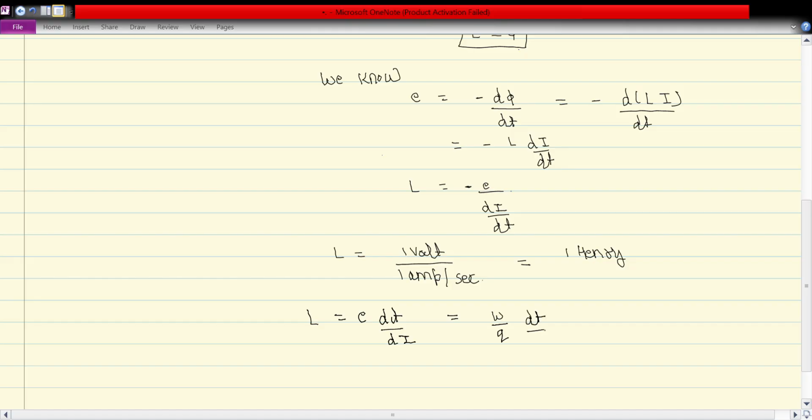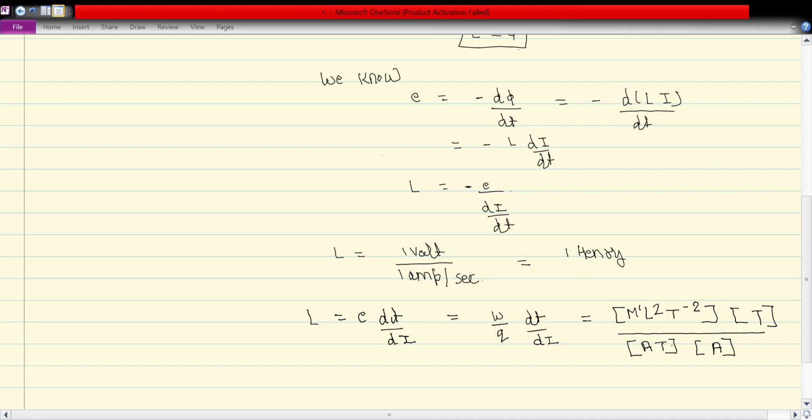We know the dimension formula for energy is M1 L2 T minus 2, for time it is T, and for charge Q it is ampere times time, and I is for ampere.